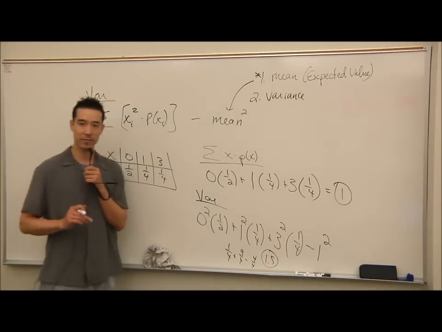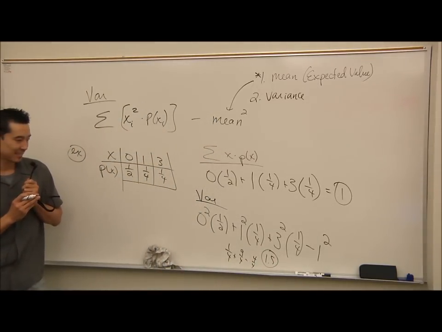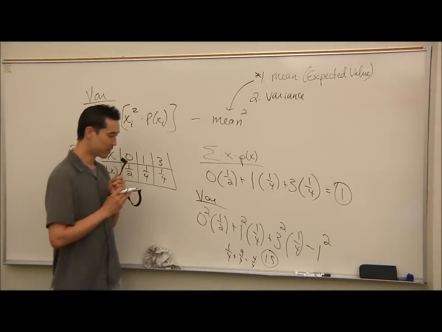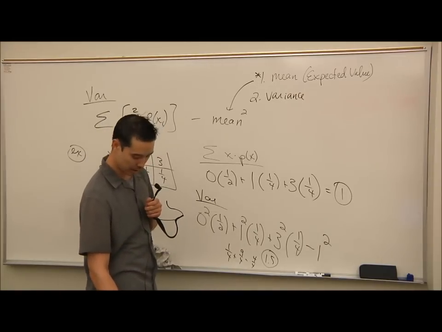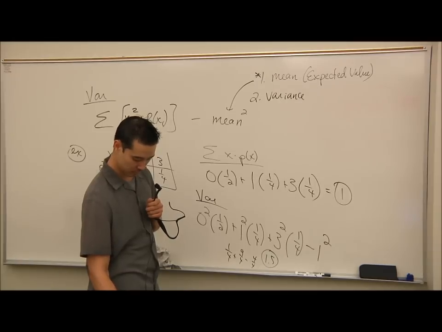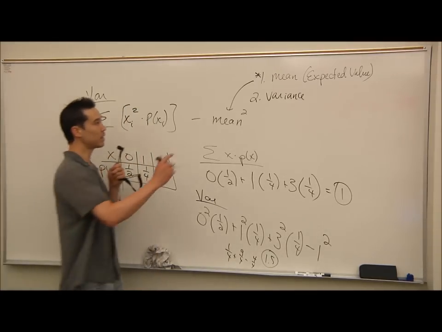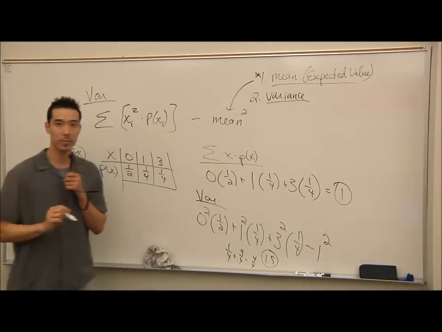Did you guys get 1.5? I did. Did I do that right? Make sure. Everybody get 1.5? I did. All right. Any questions on that? Okay, so this was the mean, or the expected value, and variance from a probability distribution.